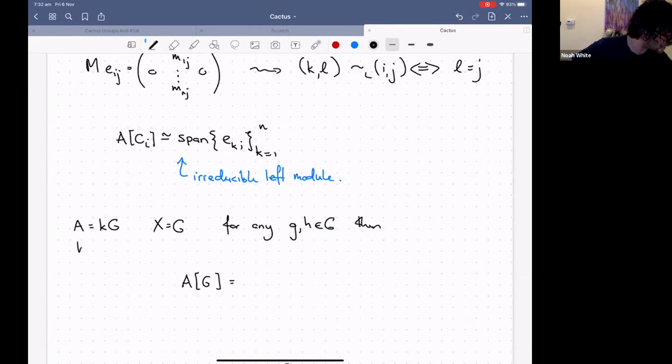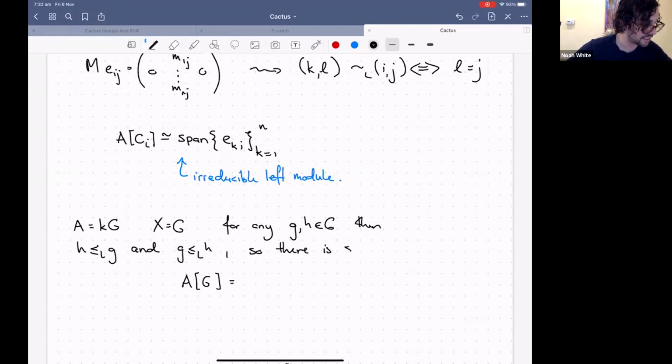So that tells us that h is less than or equal to g in the left order, and g, of course, is an element that moves us from g to h. Right? The action of G on itself is transitive. And so what this tells us is that there is a single left cell. And this single left cell is just G, and it equals the whole algebra.